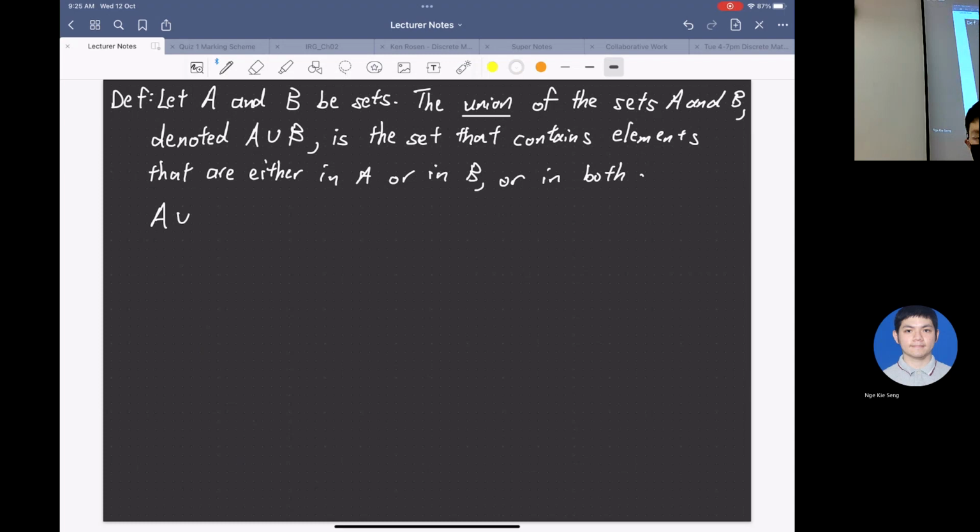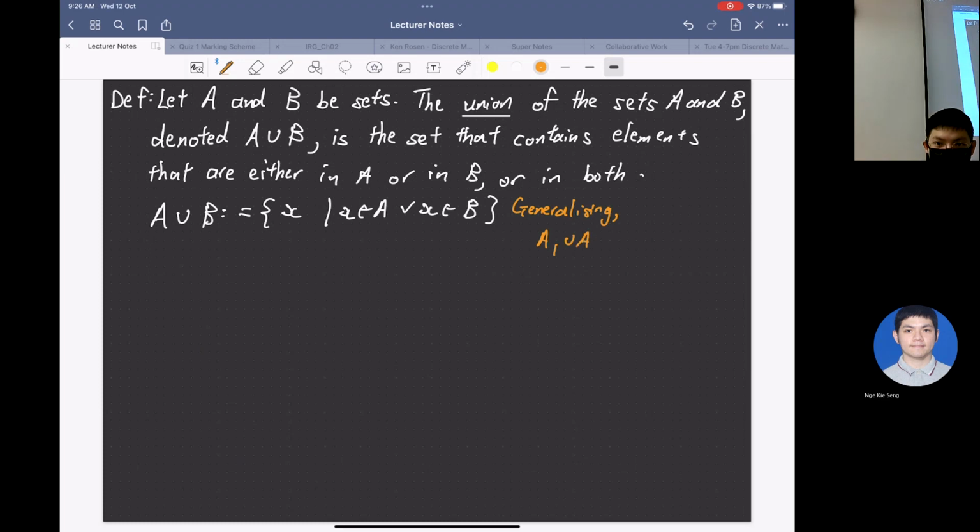So in set notation, we write {x such that x is in A or x is in B}. Similarly, you can generalize this to the union of n sets.